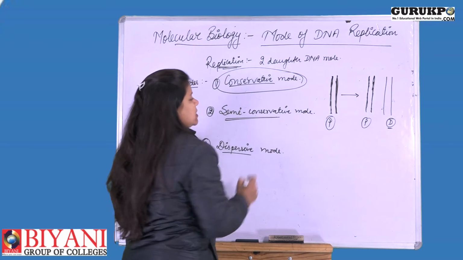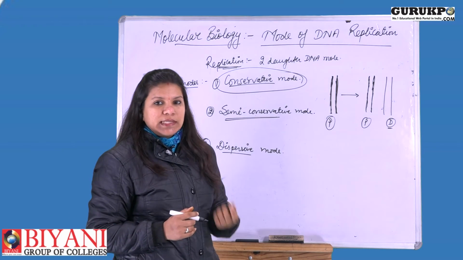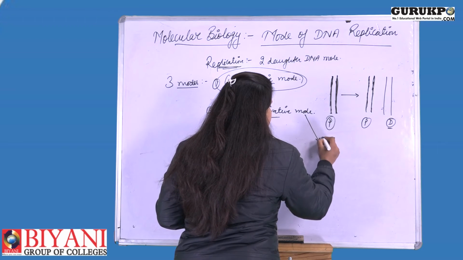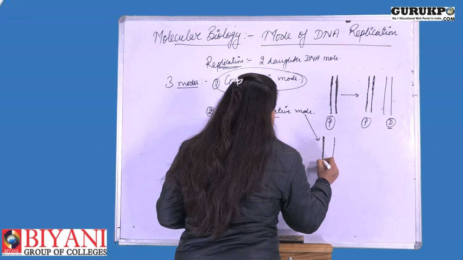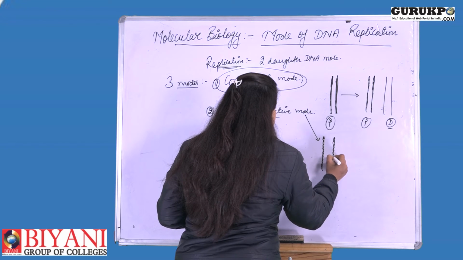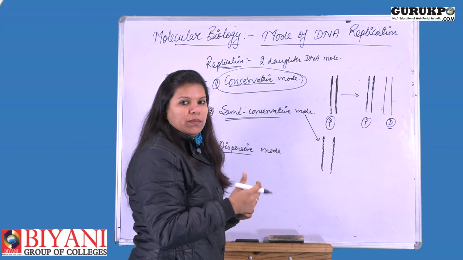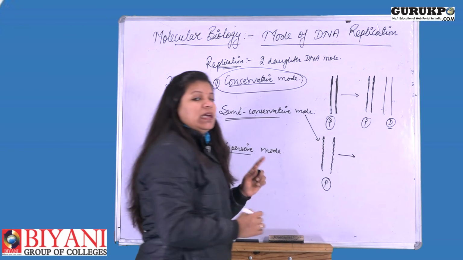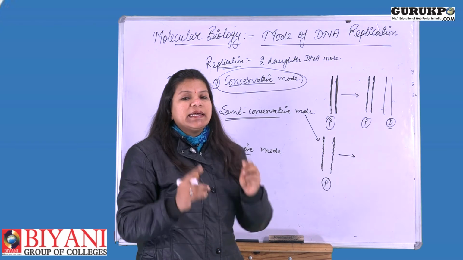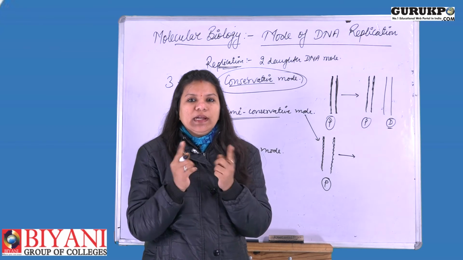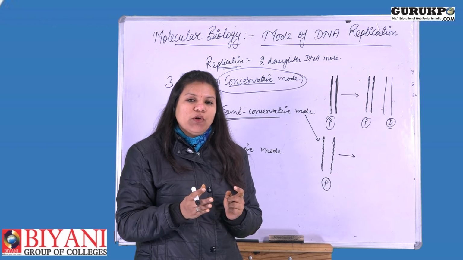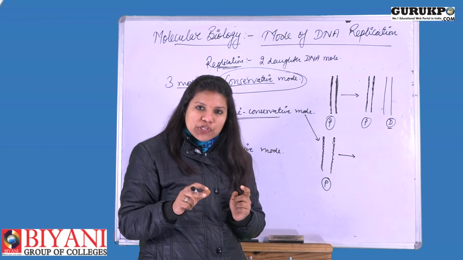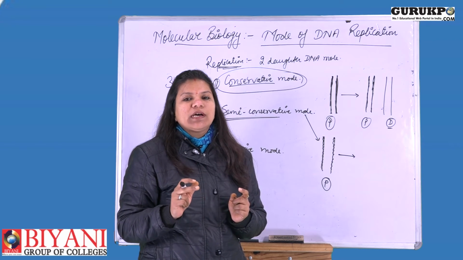The next mode says that whenever the parental DNA, say for example this is the parental DNA, I am not having a color pen, so I am just making it in a different manner. This is the parental DNA. In the semi-conservative mode, the parental DNA just separates from one another, that is, there is the breakage of the hydrogen bonds, and both these strands serve as the template strand on which the new daughter DNA molecules are being synthesized.